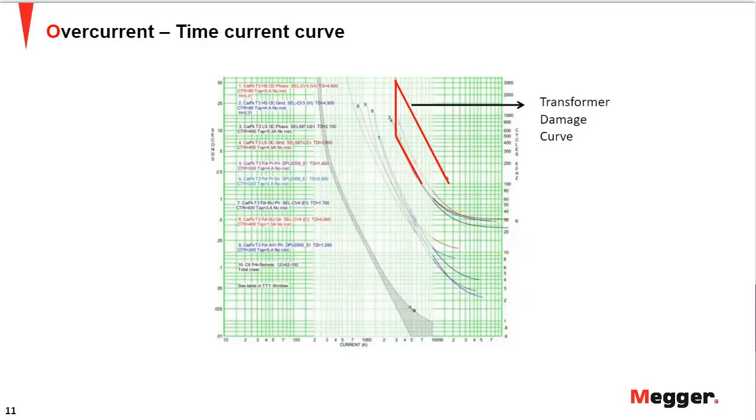So anytime the fault current increases in your system, the relay is going to take care of that before the transformer is damaged. Every time current curve is for a particular amount of current, it would take a certain amount of time based on the curve that is selected in your relay. And that's why the coordination part is extremely important.